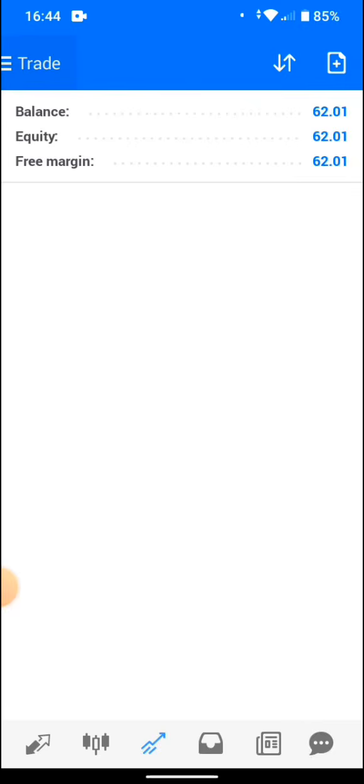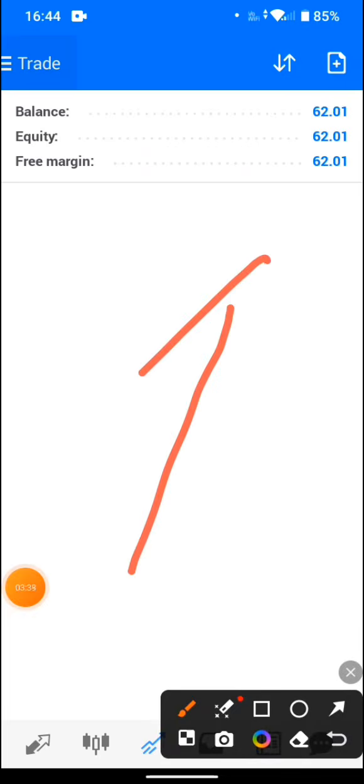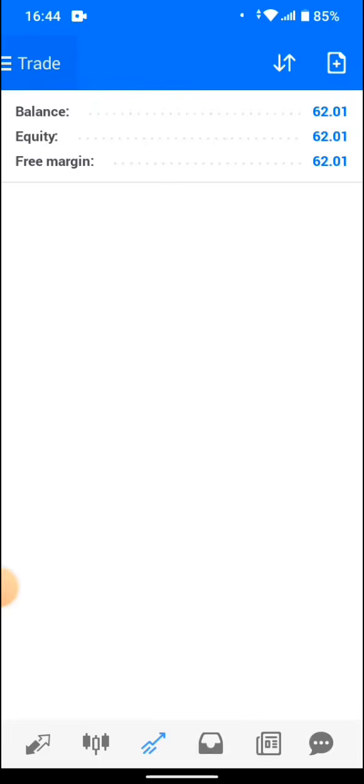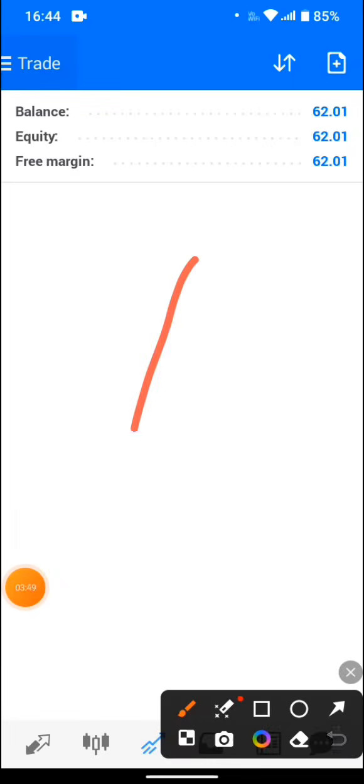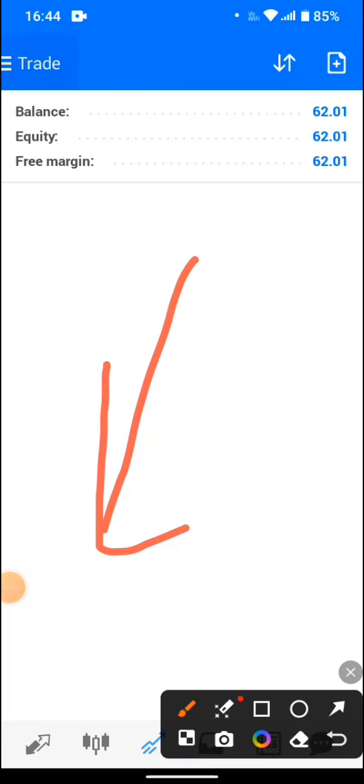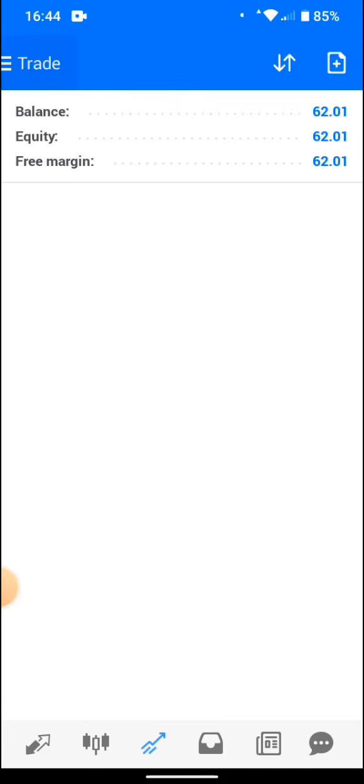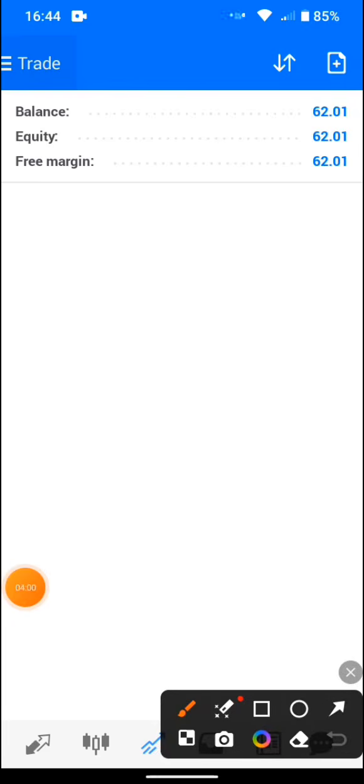If you use leverage and the position you open goes in your favor, you are not refunding the fund that has been borrowed to you for that trade. But if the trade is against you, then definitely you are going to return the fund.